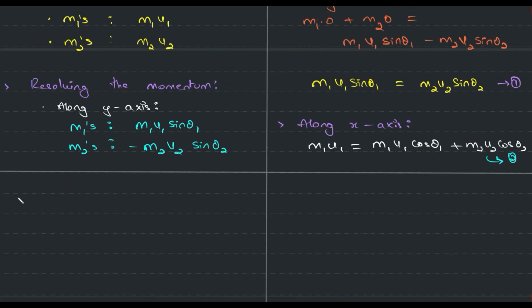Finally, since it's an elastic collision, the kinetic energy is conserved, so you can see where we are going with this. It's similar to what we did with the one-dimensional head-on collision.